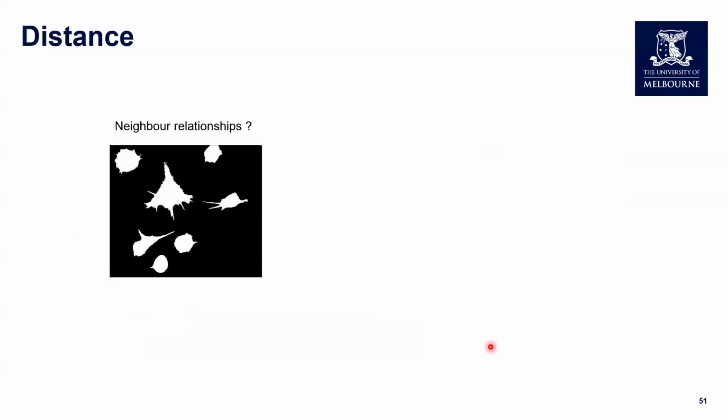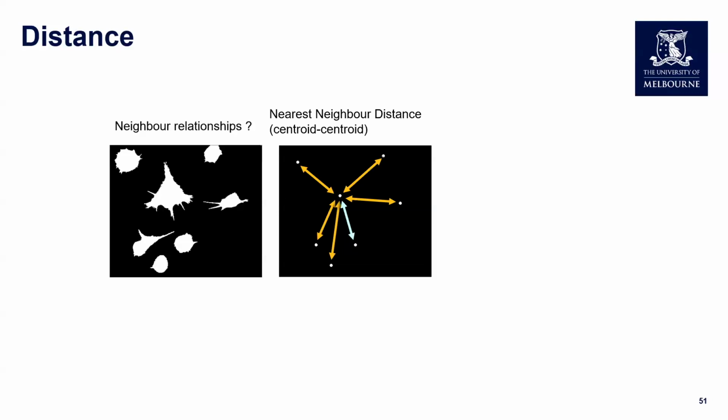So that was the shape, but in some applications, we also want to measure the relationship between objects. One way to do it is to measure the nearest neighbor distance between the centroids of the objects. This works well if the features are really small compared to the distance between them, or relatively round objects.